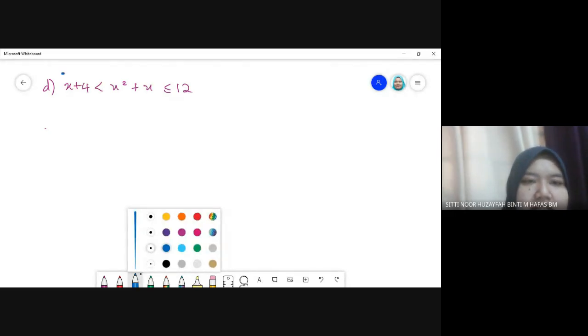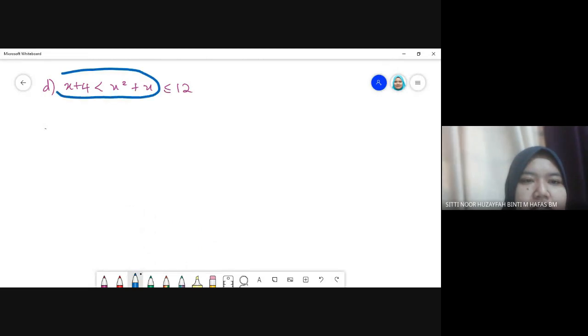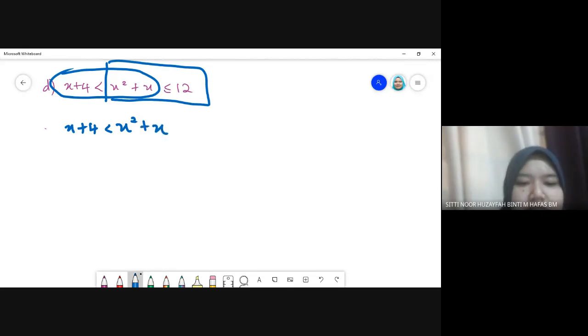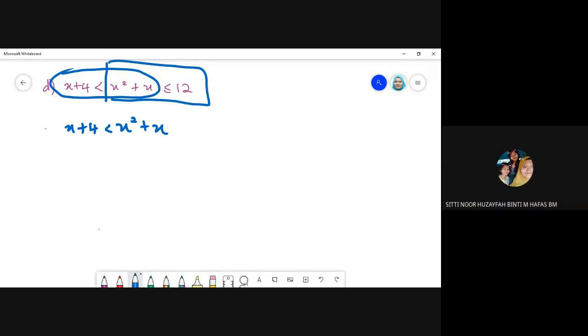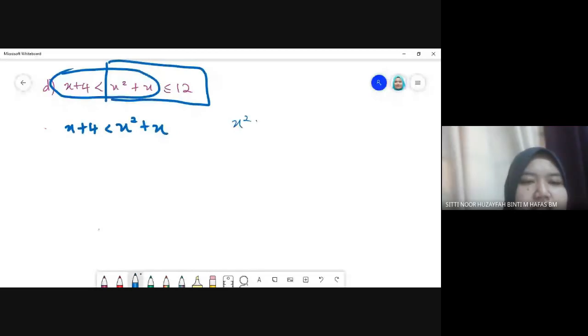Kita akan asingkan kepada dua inequality. Yang pertama yang belah kiri ni, X tambah 4 kurang daripada X kuasa 2 tambah X. Okay, so selesaikan yang belakang.